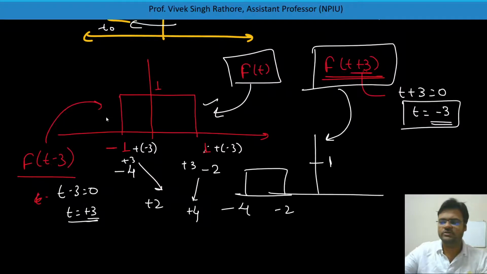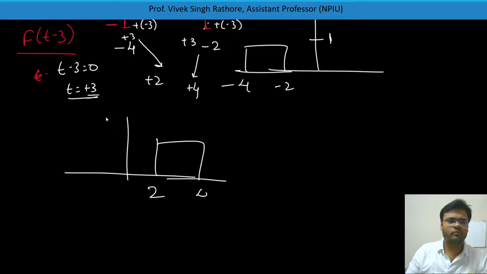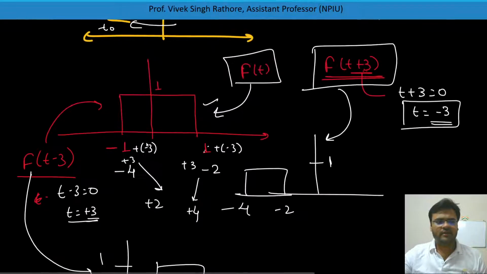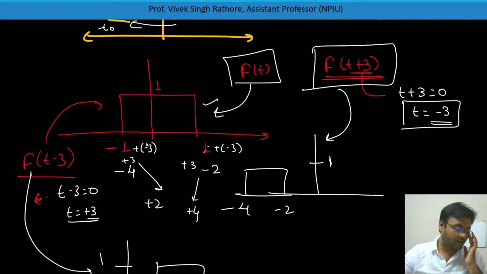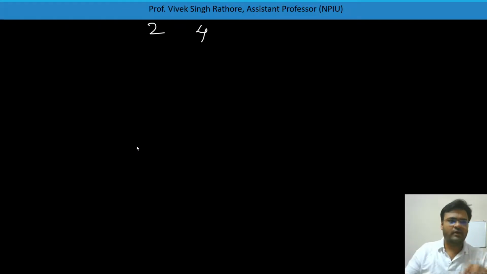So the signal now goes from 2 to 4, and the magnitude remains the same. This is f(t minus 3). I think now you understand the time shifting property: it represents shifting towards the left or towards the right.